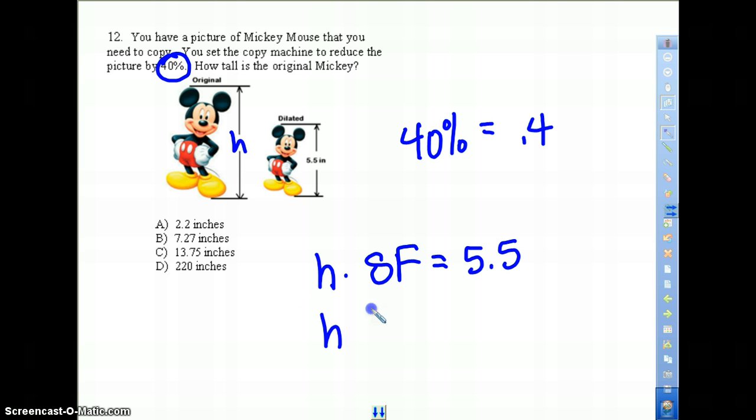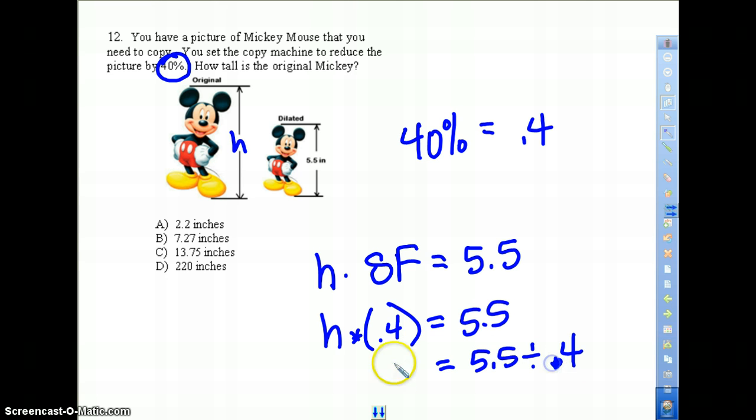So some height multiplied by 0.4 gives me 5.5. If this number times this number gives me that for an answer, how do I find this number? Yeah, I'm going to take 5.5 and divide by 0.4. And that's how you're going to get your height. Okay, so you guys work that out.